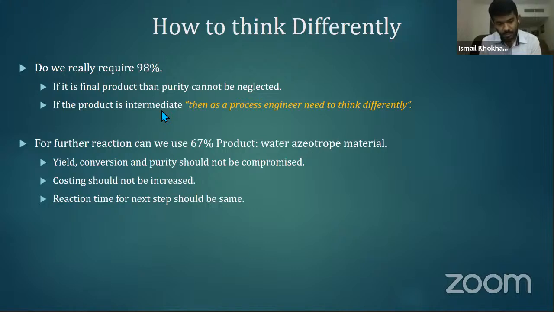But if we have to do this, we need to make sure that the yield, conversion, and the purity of the second step is not compromised. Even costing should not increase, and the reaction time for the next step, where the 98% pure material was going to be used, now you are going to use 67% pure material. You should make sure that the reaction time also does not increase. So all these criteria need to be satisfied with this new purity material.